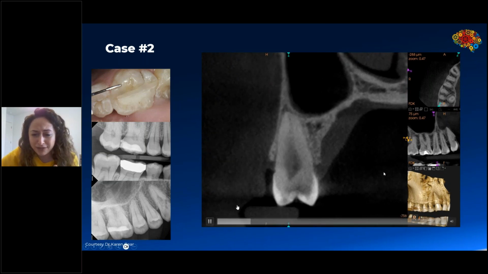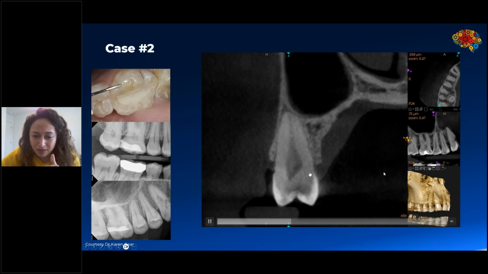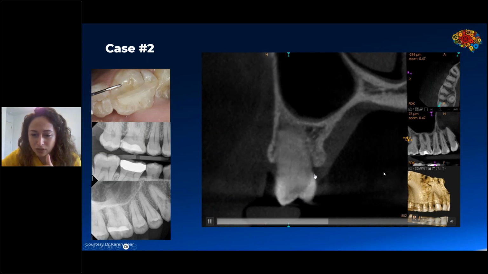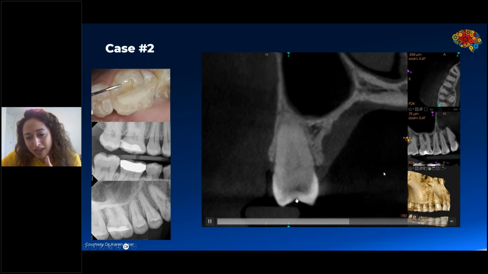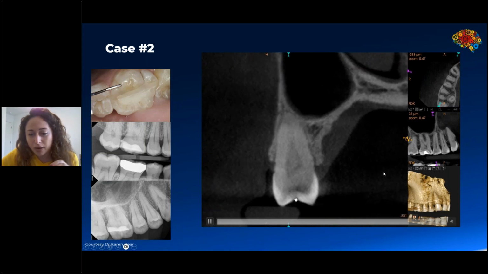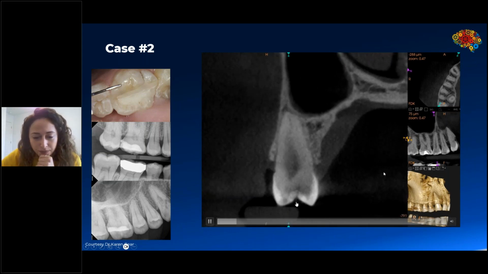That's why we have to keep scrolling to see it. So it starts from here, and there it goes, reaching around 1 or 2 millimeters below the crest. Now there's another one that's much more subtle, right over here on the buccal. The first one I saw was the palatal, second one I saw was the buccal.